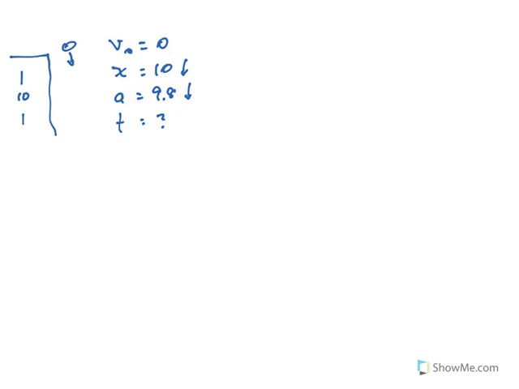Notice all of the motion is in the same direction. Everything is moving down. The distance it's moving is downwards. The acceleration is downwards. There's no upwards velocity or anything like that. So because everything is in the same direction, then let me just pretend like the downward direction is positive.